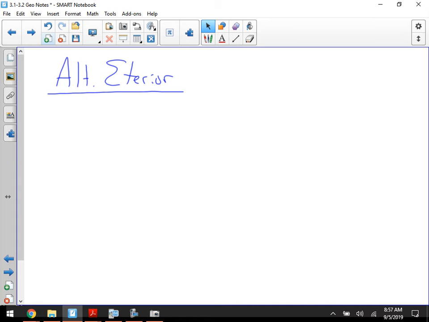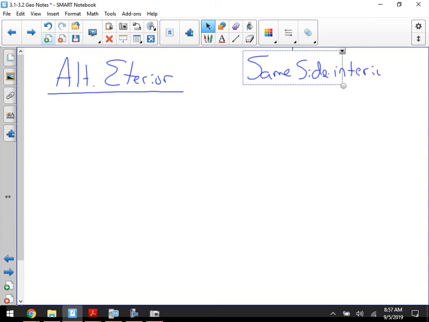I'm going to use the book. Yeah, the last one's going to be called same side interior, and I'll show you guys again what those are going to look like.